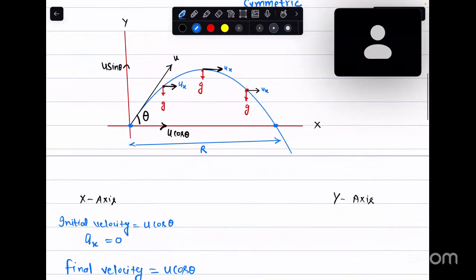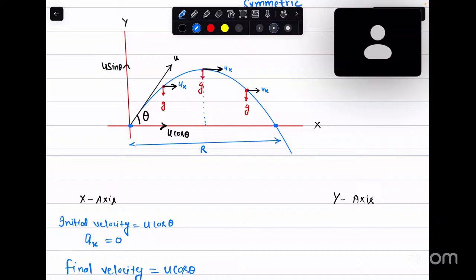Another point in this motion is that when the object is at its peak point, it will have only the horizontal component of the velocity. There will be no component in the vertical direction. And apart from this highest peak point, on the left hand side as well as the right hand side, both components will be present, the x component as well as the y component.